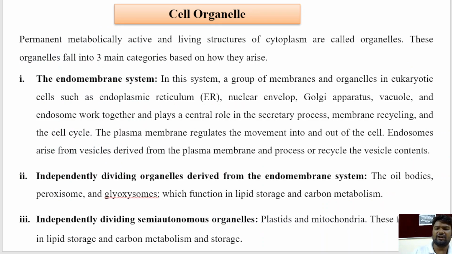So, friends, let's start our lecture with the cell organelles. So, what are the cell organelles? Cell organelles are the permanent and metabolically active living structures of the cytoplasm. These organelles are classified into three main categories based on how they are arranged.